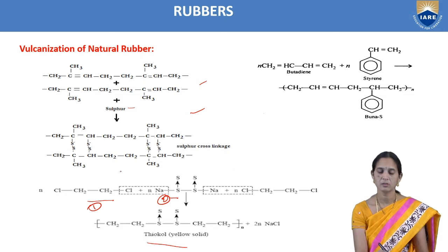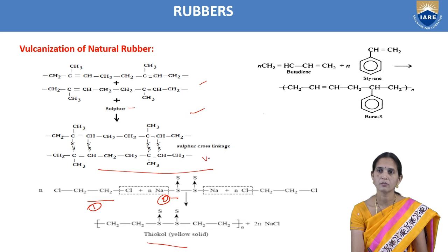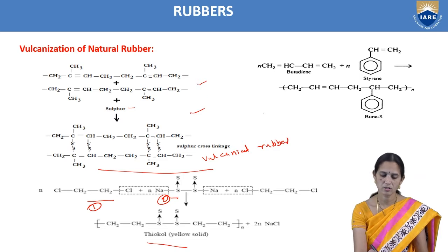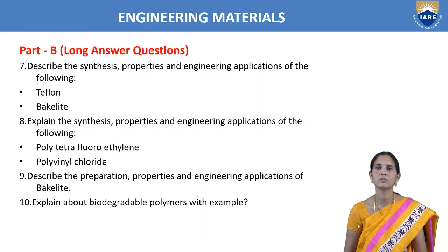So we will get the vulcanized rubber. This is natural rubber. So to the natural rubber we are adding sulfur, and we'll get the vulcanized rubber. That we have to write.